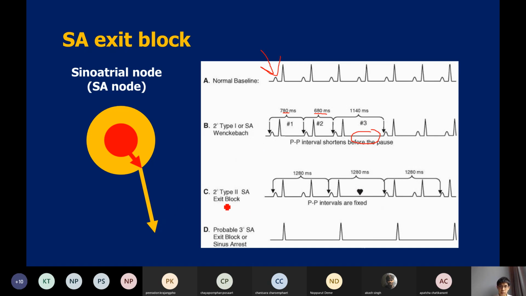And this one is the type 2 second degree SA exit block. You can see that there is some drop of the P wave here. And this one, the D one, is not the SA exit block, but it's one type of SA node disease. So I will talk about it later.